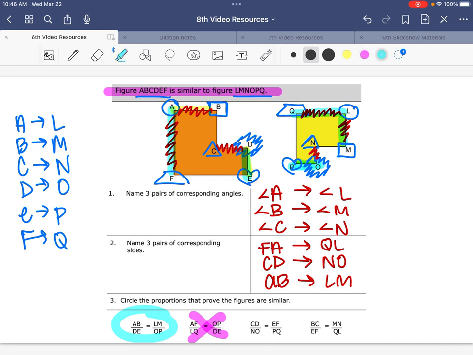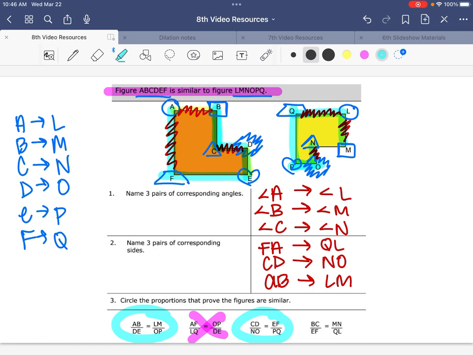Now we're looking at CD over NO. And then EF over PQ. And those do prove because they're corresponding and they're in the correct order. And then lastly, we have BC over EF.